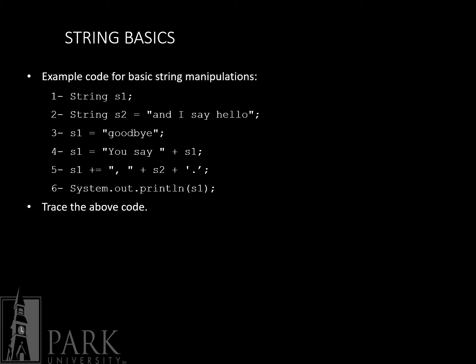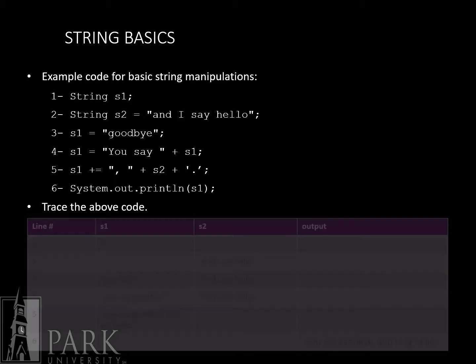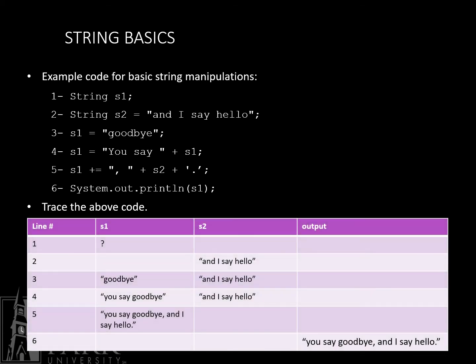And you should have gotten something that looks like this. You can see line 1 where we declare the variable. We don't have any values in it, so we put a question mark. On line 2 we initialize the string, so you can see the text right there. And then line 3 we assign a value to S1.